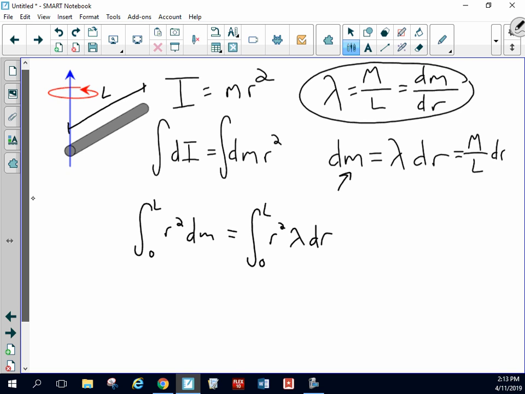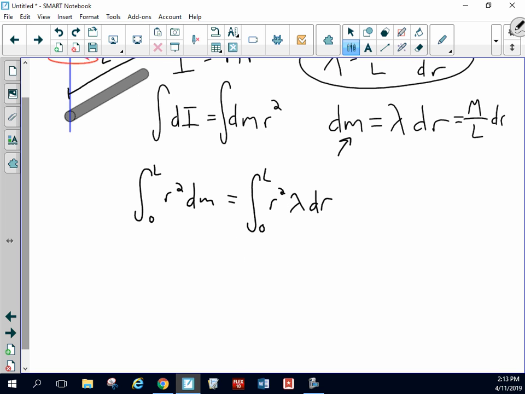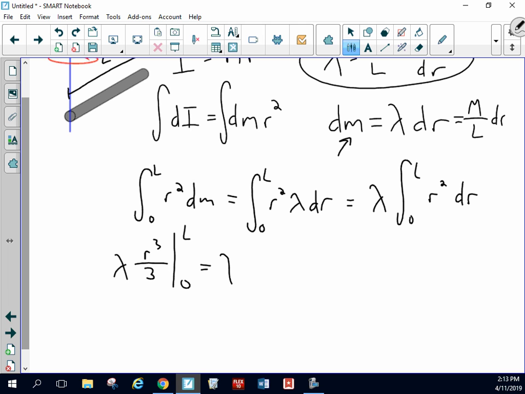Okay, if you want to pause at this point and go forward and see if you can take it the rest of the way here, you can. Otherwise, here we go. Okay, right away, let's pull out constant density. We got a really easy thing to integrate here. So now we're going to say that integrates to lambda r cubed over 3 from 0 to L, which equals lambda L cubed over 3.